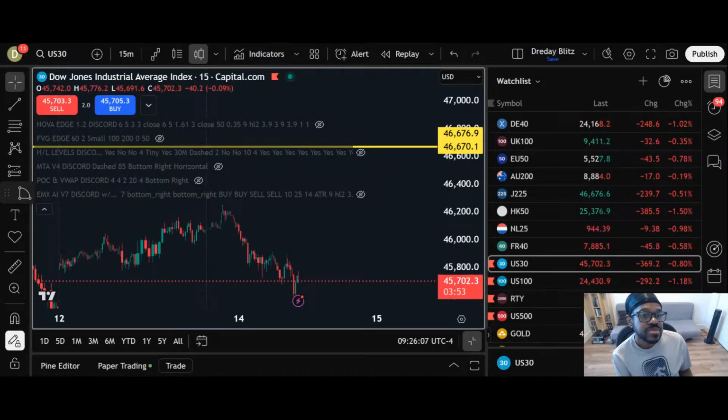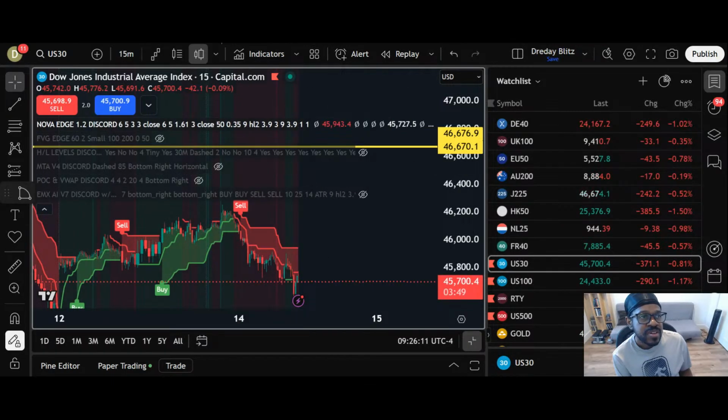All right, let's go back here on TradingView, and we're going to go back here on Nova. We're going to open Nova here and wait for the alert. Make sure that I'm setting up my stuff correctly here on my end.